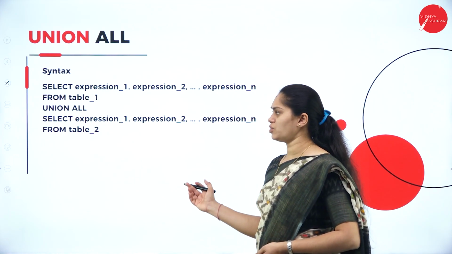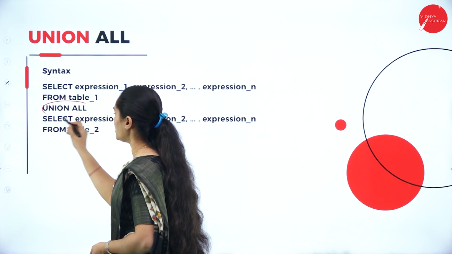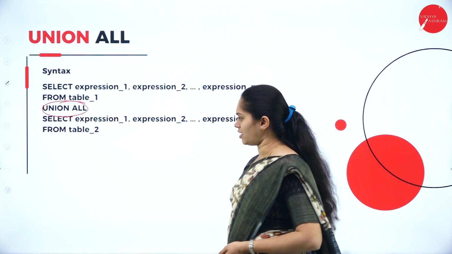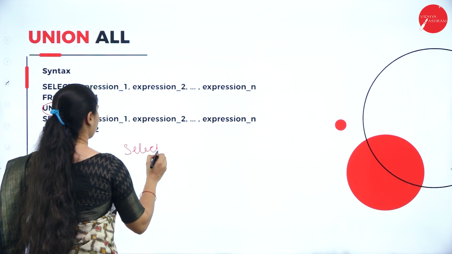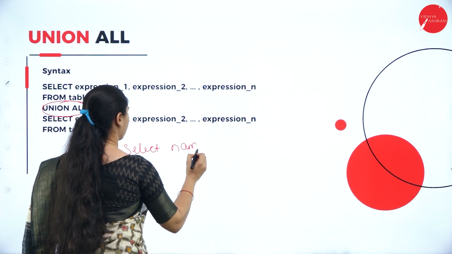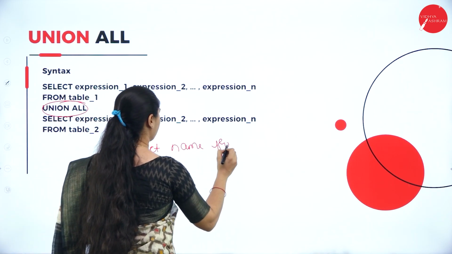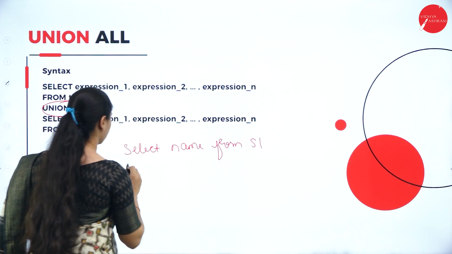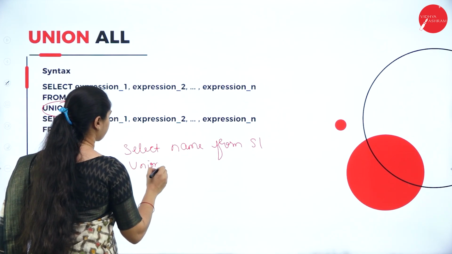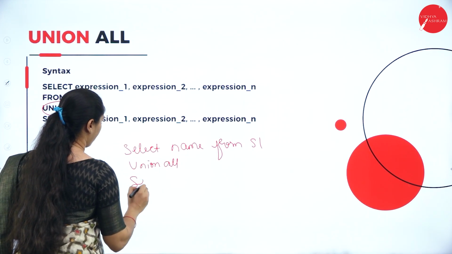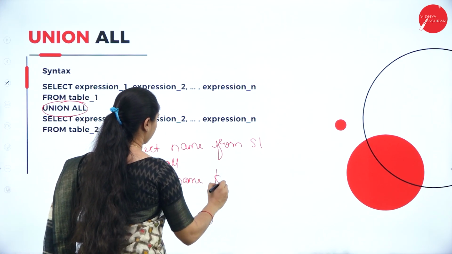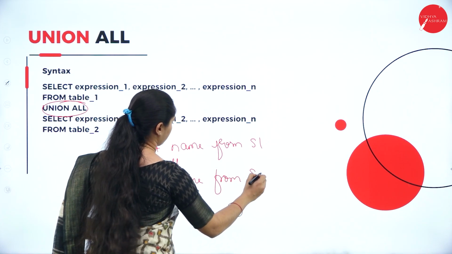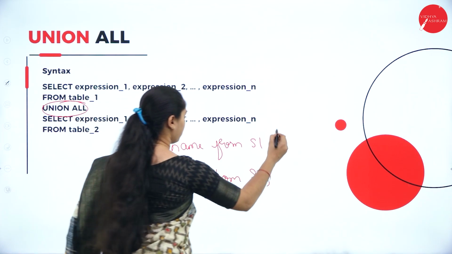Then what about this union all? Same thing, but here we have to use union all. So how do I get the output for this? Select name from S1, union all, select name from S2. What will be the output?